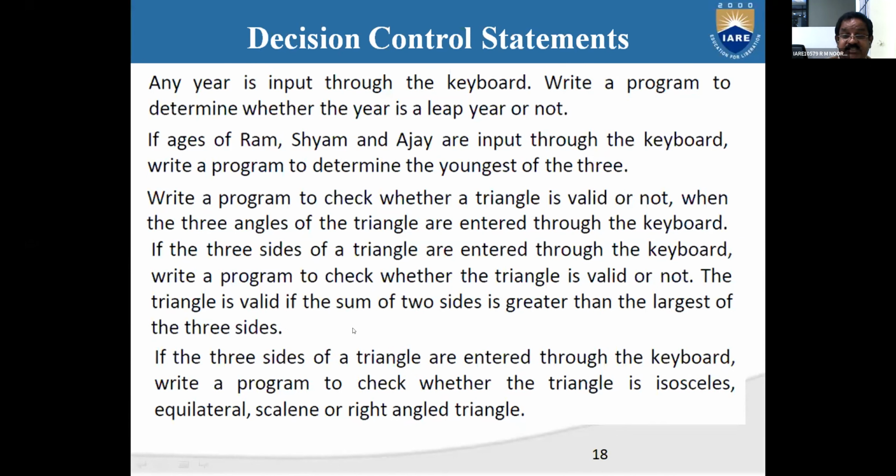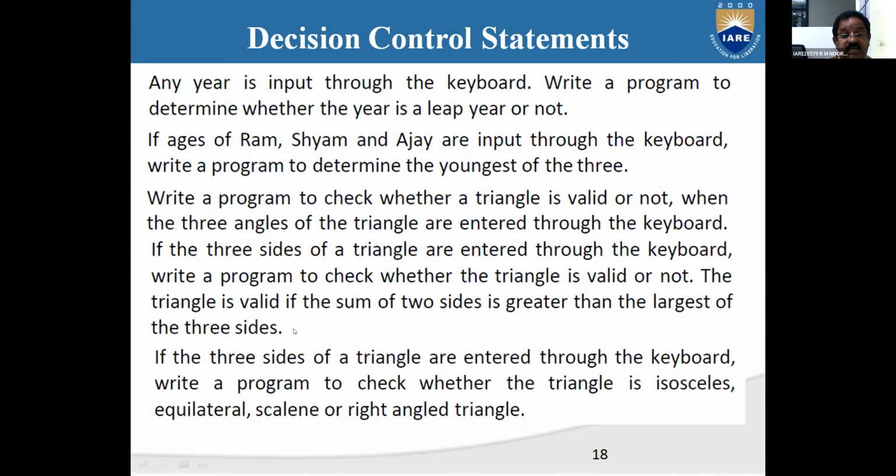If ABC are the triangle, you are going to give the distance between AB, BC and CA. The triangle is valid if the sum of the two sides is greater than the largest side.